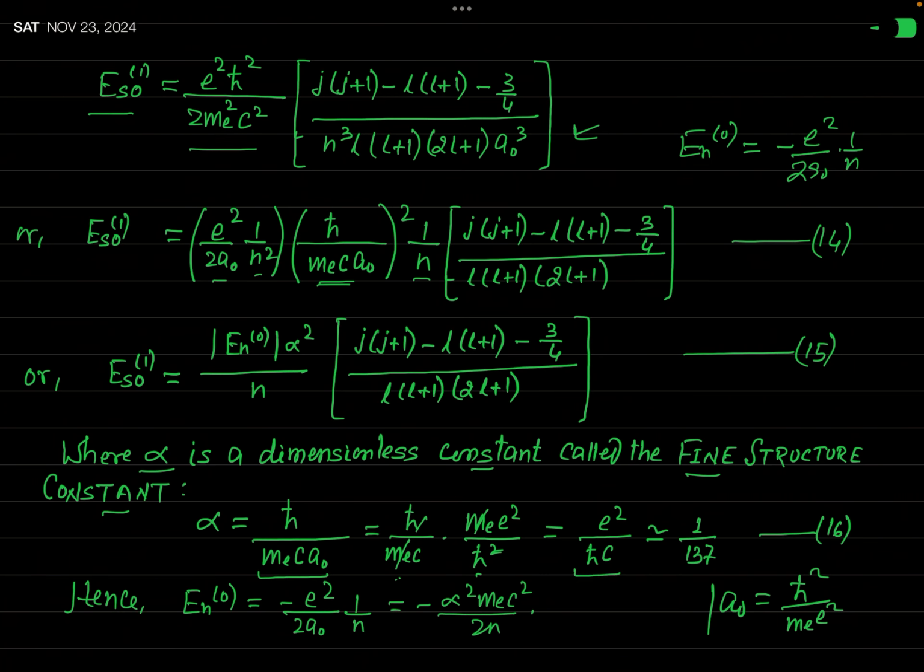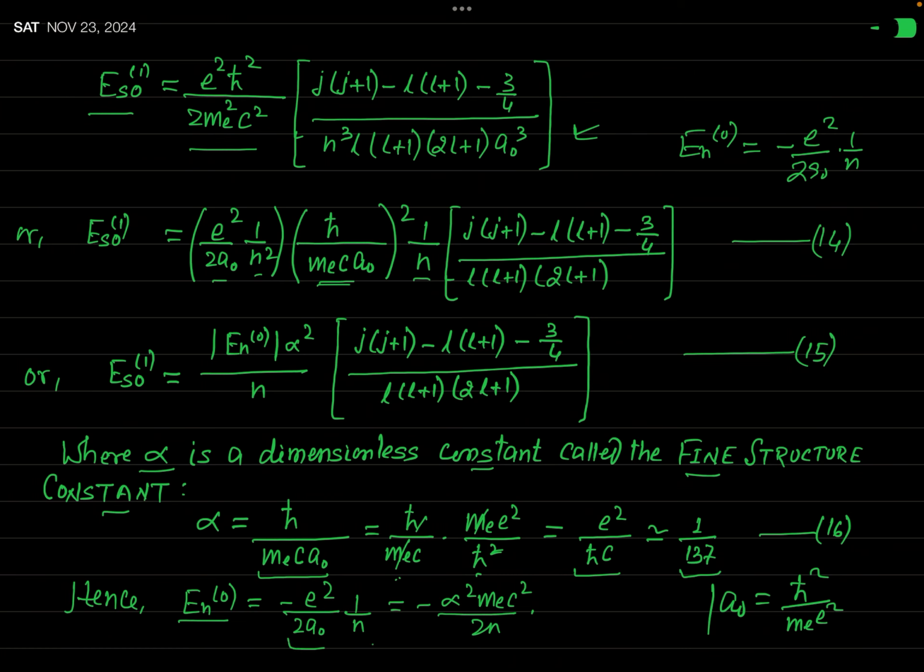All quantities here are universal constants. When you put the numerical values of e, ħ and c, it is almost equal to 1 over 137. So remember this value of the fine structure constant alpha. Now you can express E_n⁰ in terms of alpha.